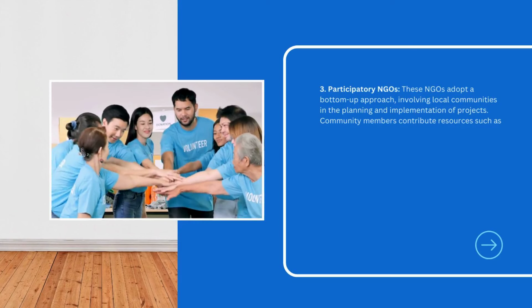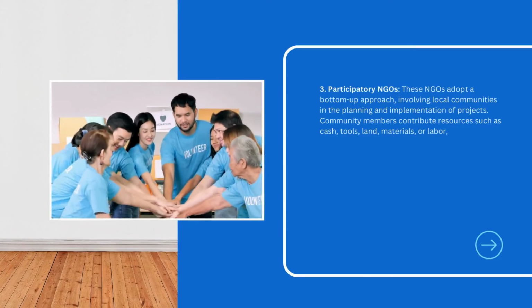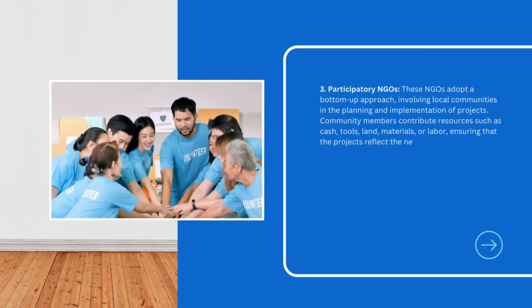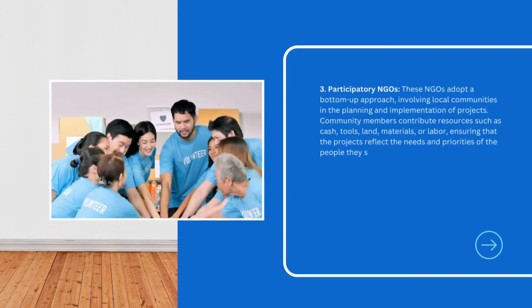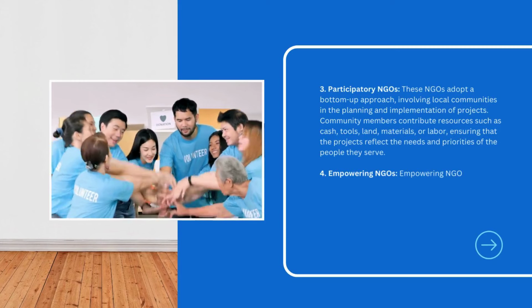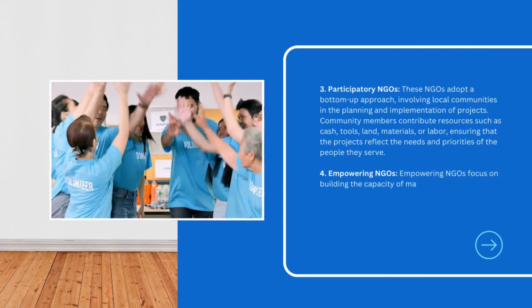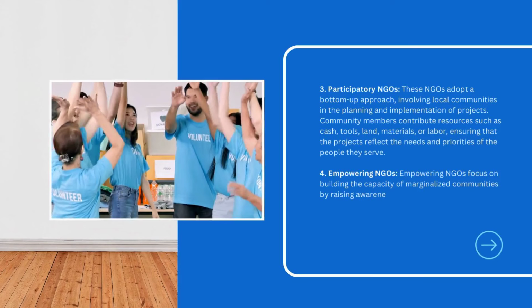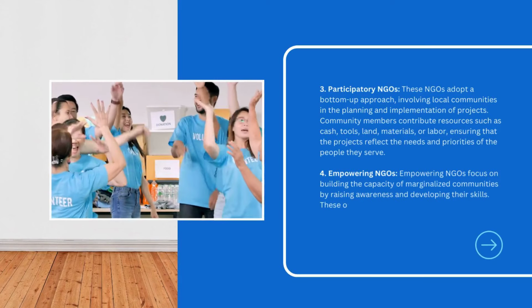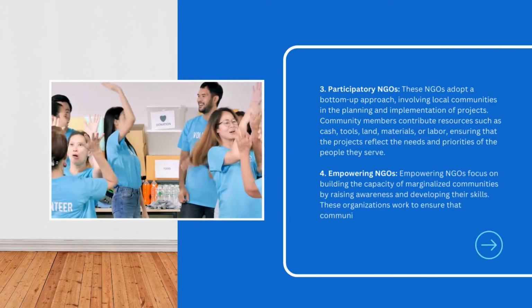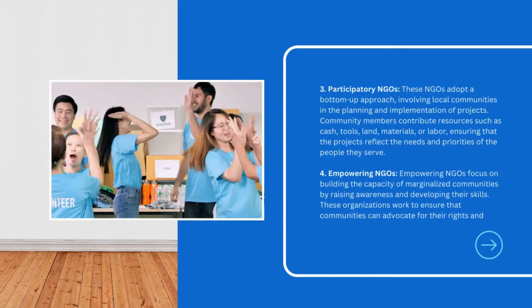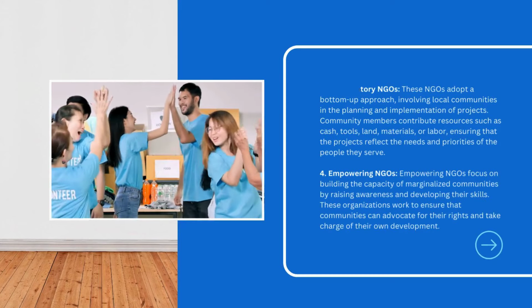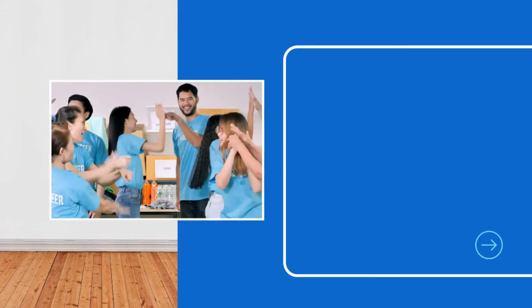Community members contribute resources such as cash, tools, land, materials, or labor, ensuring that the projects reflect the needs and priorities of the people they serve. 4. Empowering NGOs. Empowering NGOs focus on building the capacity of marginalized communities by raising awareness and developing their skills. These organizations work to ensure that communities can advocate for their rights and take charge of their own development.